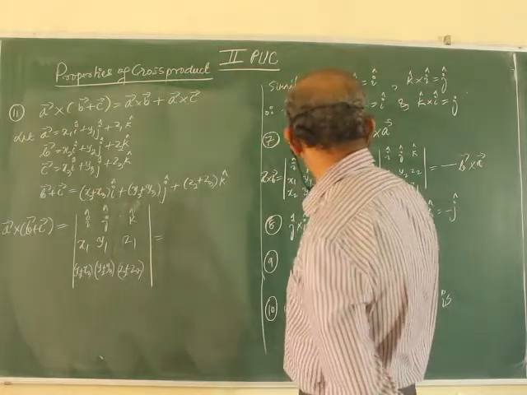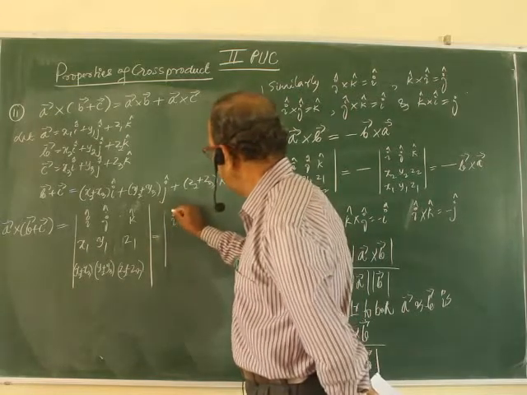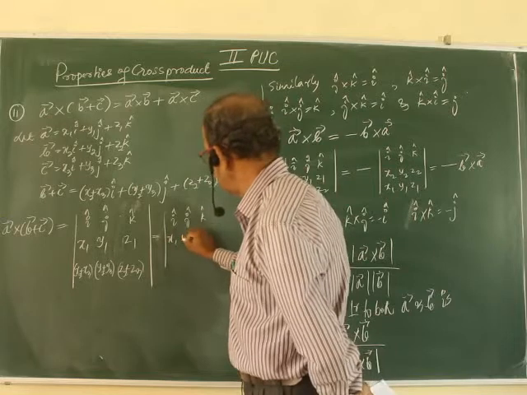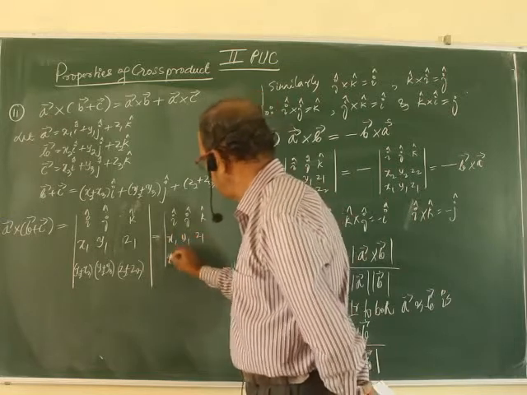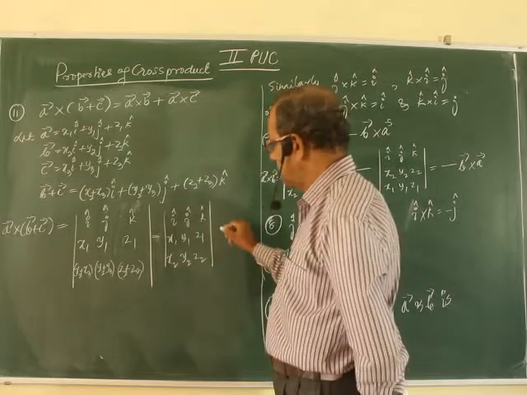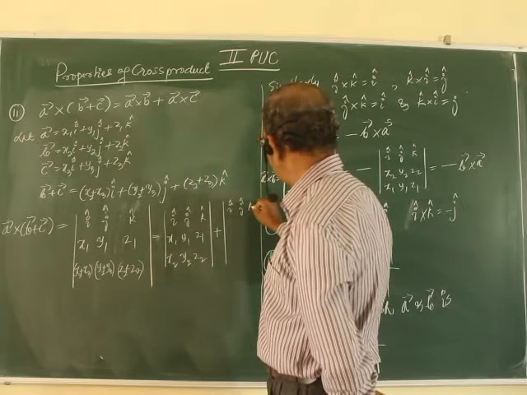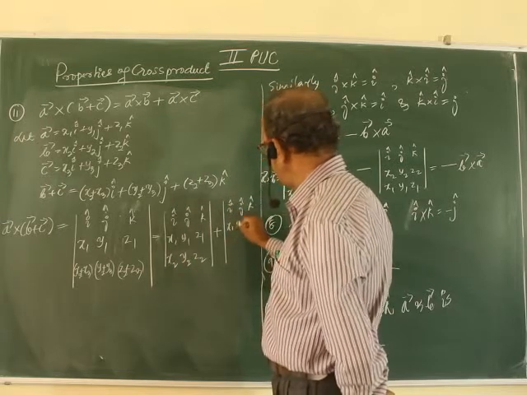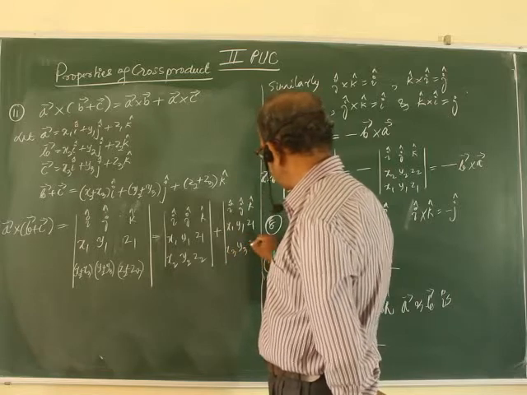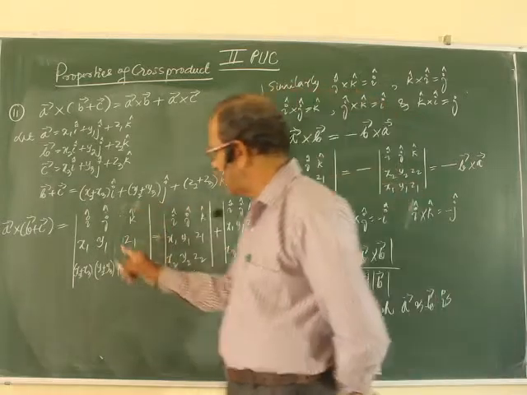Do you remember that? It is the property from the determinant topic. So, let me write: equal to the determinant i, j, k, x1, y1, z1, x2, y2, z2, plus the determinant i, j, k, x1, y1, z1, x3, y3, z3. If you want, let me write that.